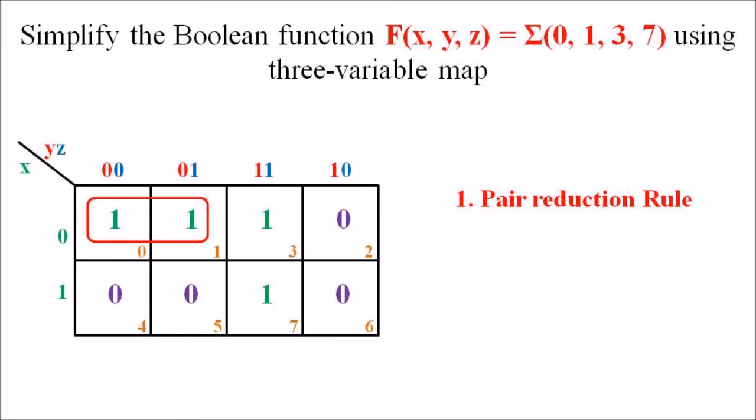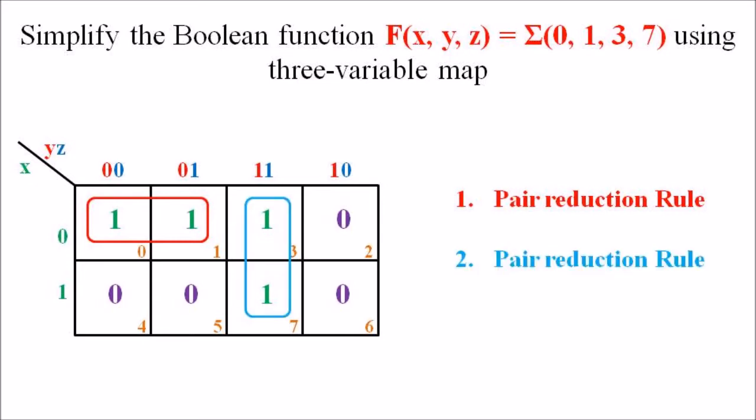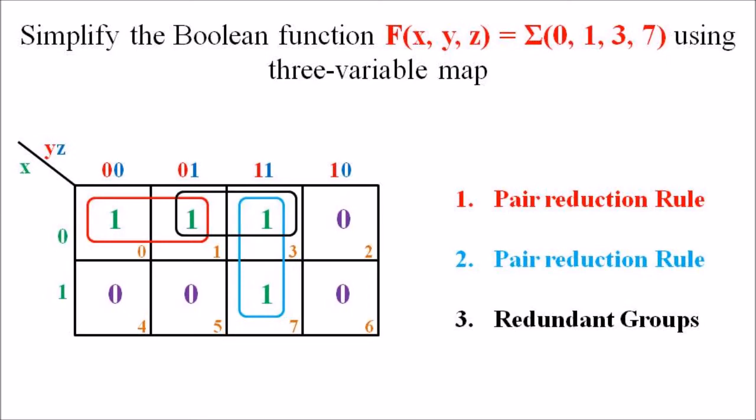The second pair, marked in blue, is cell 3 and cell 7. Another pair, cells 1 and 3, can also be formed, but cells 1 and 3 are already covered in pair 1 and pair 2.